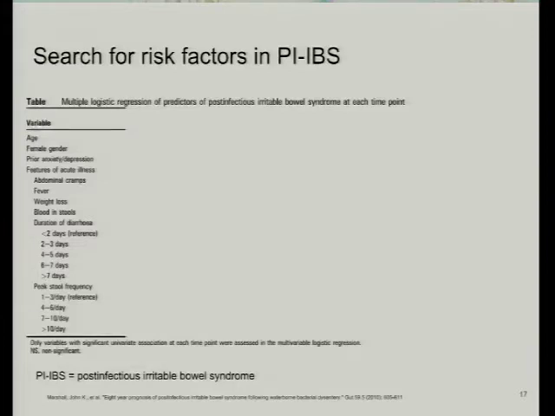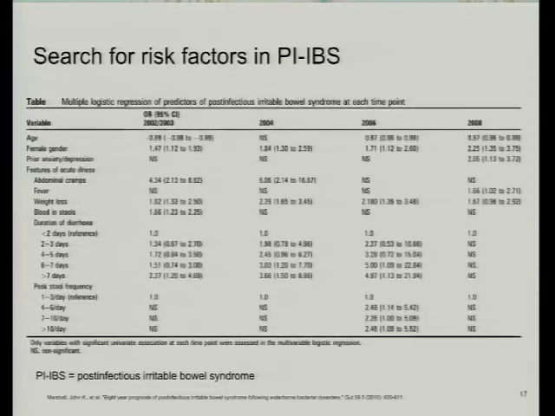What they did was a multiple logistic regression, and the results of that analysis are shown in this table. I don't want you to take in this table just yet, but the results are certain odds ratios for each of these variables. An odds ratio generally is a quantification of the strength of association between certain variables and some other variable of interest. In this case, it's the incidence of IBS.